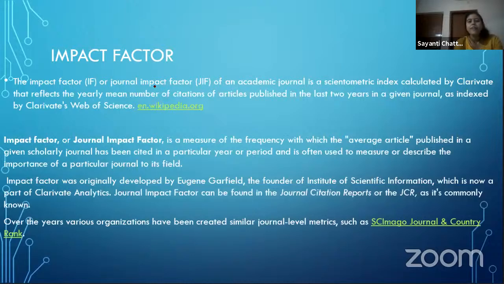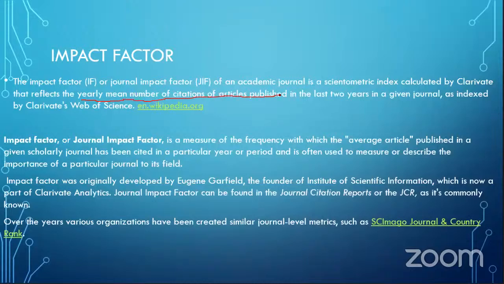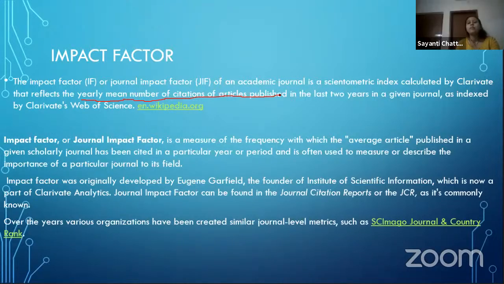The impact factor of a journal, according to Wikipedia, reflects the yearly mean number of citations of the articles published. So it is the mean of how many citations each and every article gets. They will check every year how many citations, take one mean, and it will be shown as the impact factor.